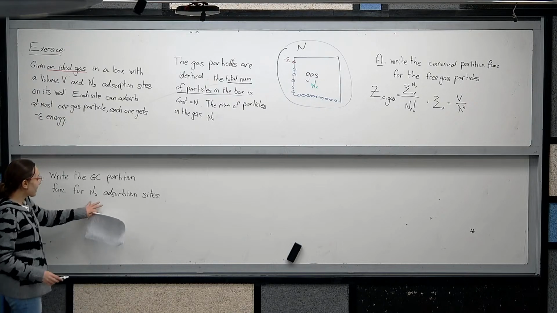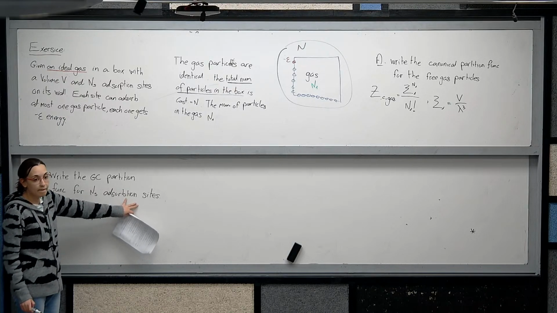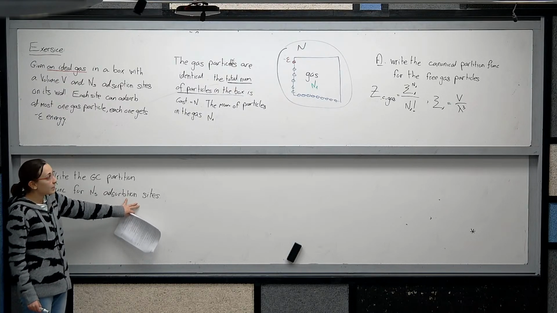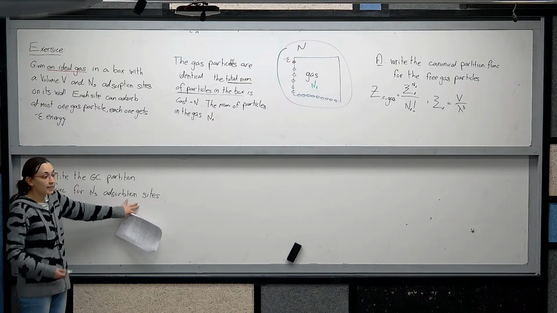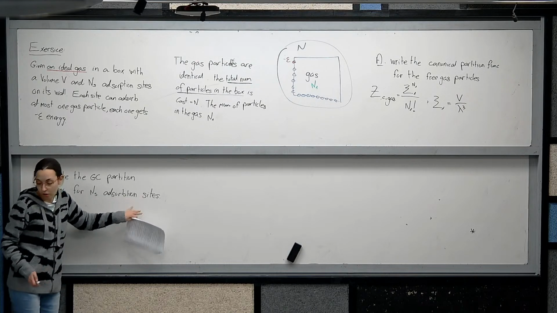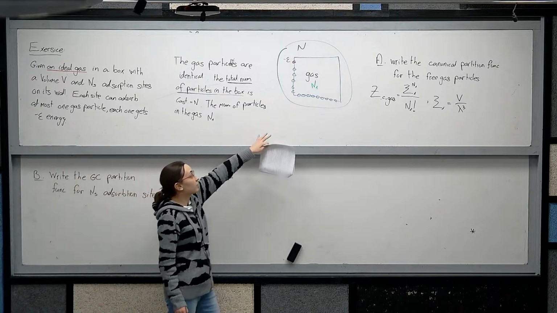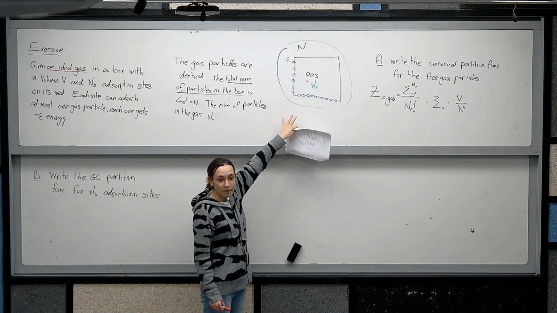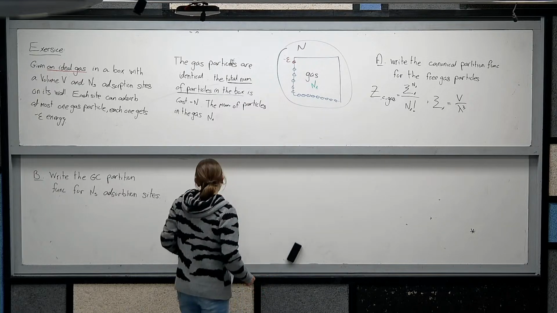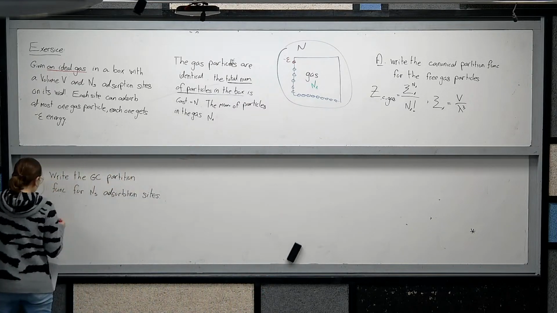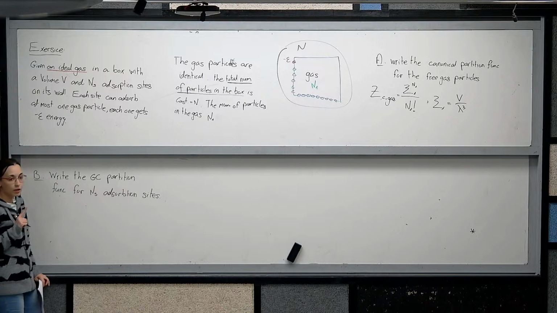Okay, so we have NS adsorption sites, and each one is like a subsystem, because the adsorption sites don't interact with each other. So we can use the subsystem partition function for one adsorption site.